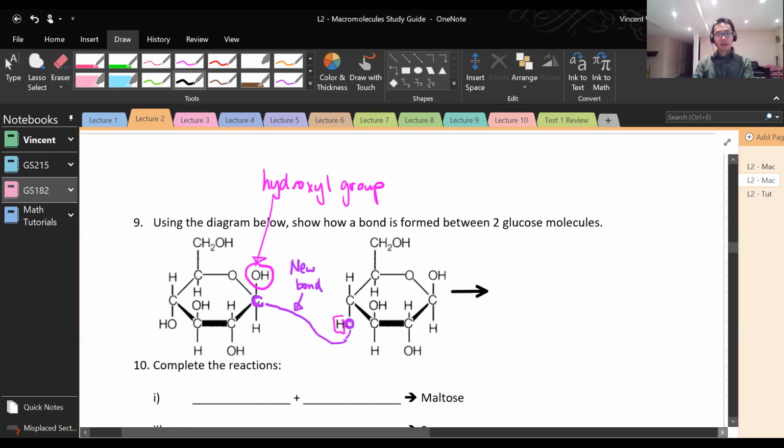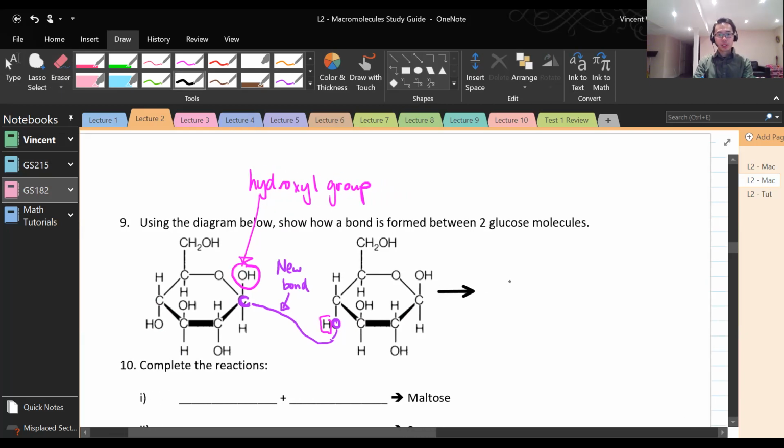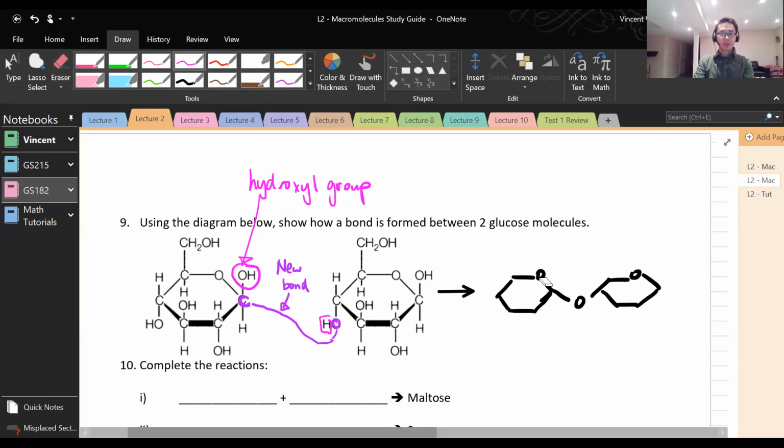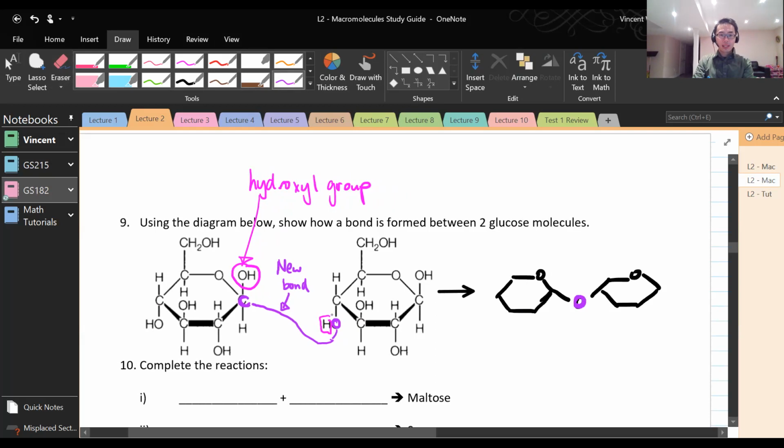So what is it going to look like afterwards? I'm going to draw this hexagon looking thing again. There's oxygen here. You can see this oxygen, and then this carbon is right here.